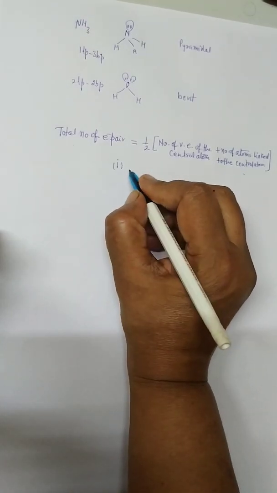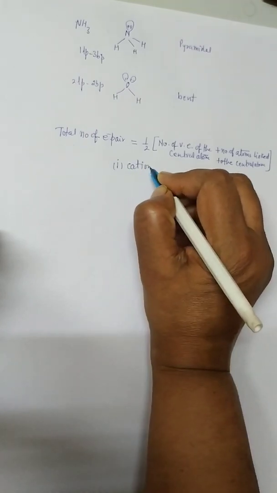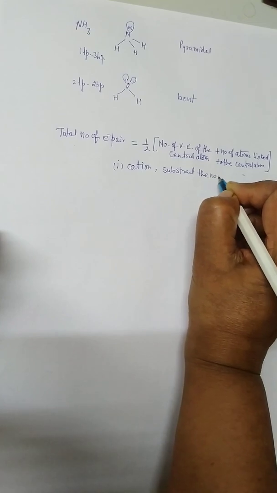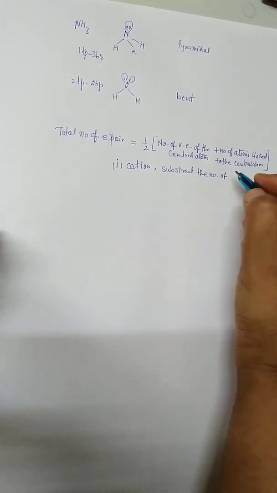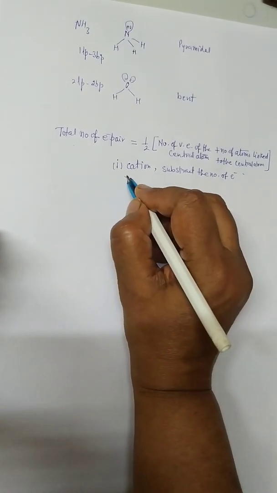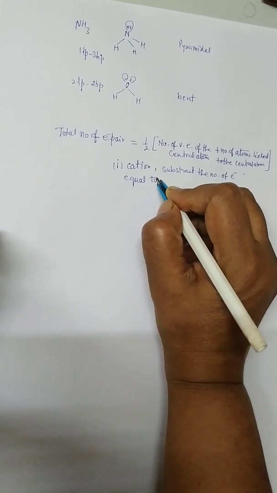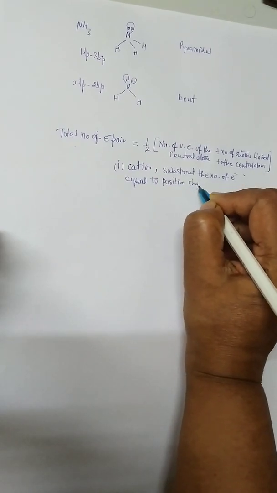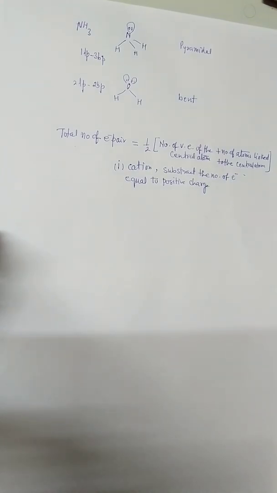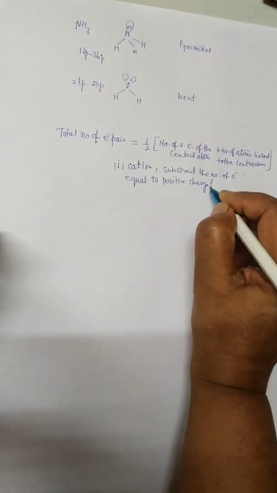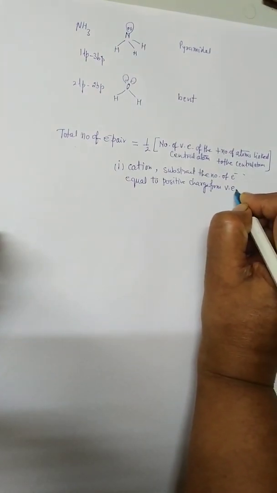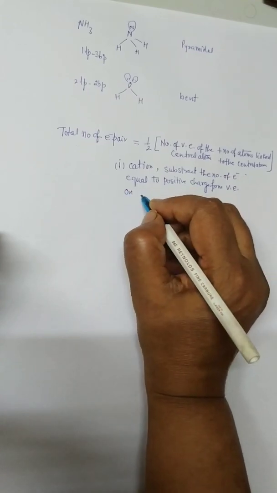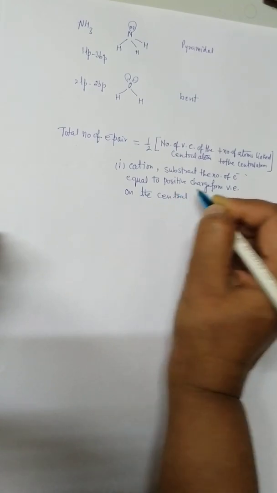If it is a cation, then you have to subtract the number of electrons equal to the positive charge from the valence electrons of the central atom.